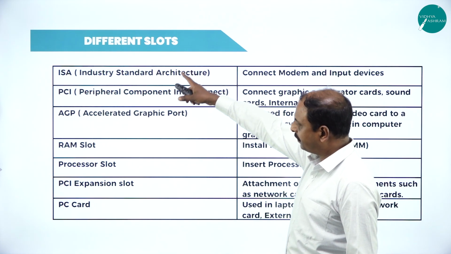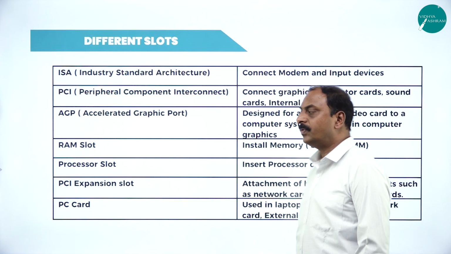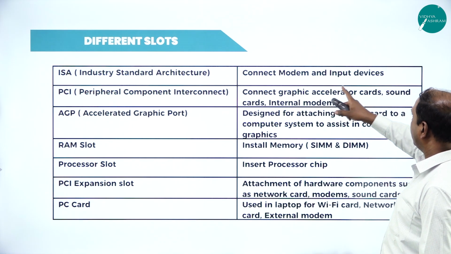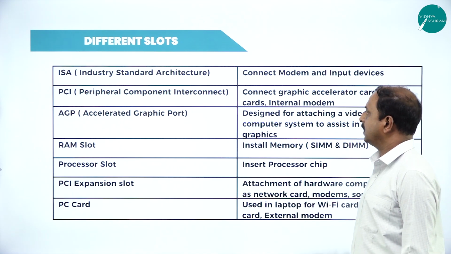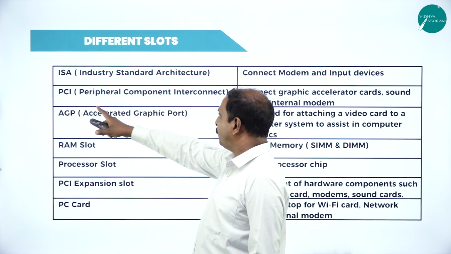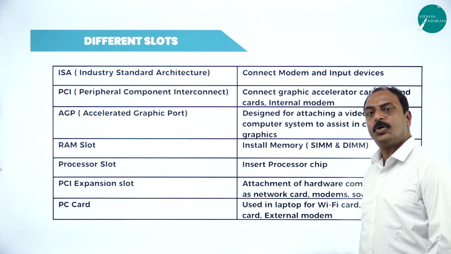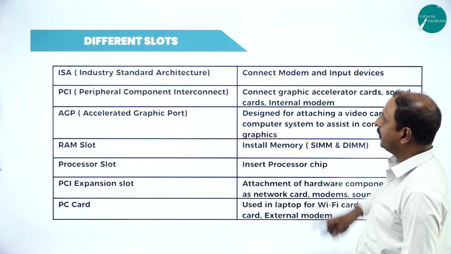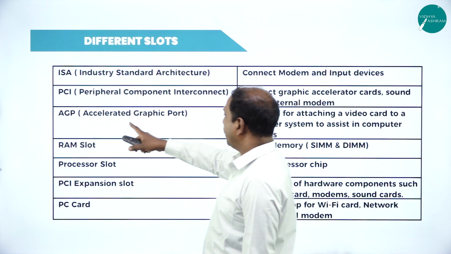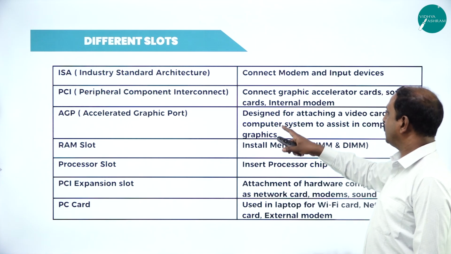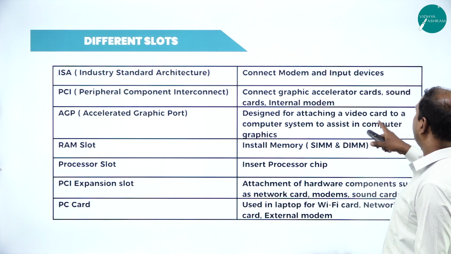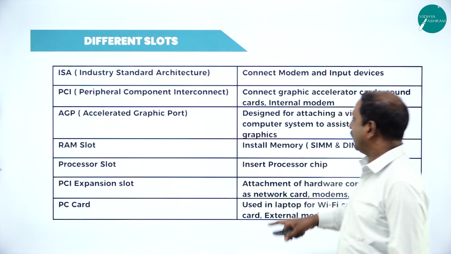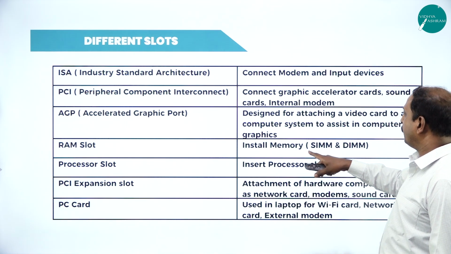In this table you can see different types of slots, and this ISA slot is used to connect modems and IO devices or input devices. Next one is PCI, peripheral component interconnect, where you connect sound cards, internal modems, etc. And AGP, accelerated graphics port, is designed for attaching a video card to your computer system. And the RAM slot is to install computer memory.